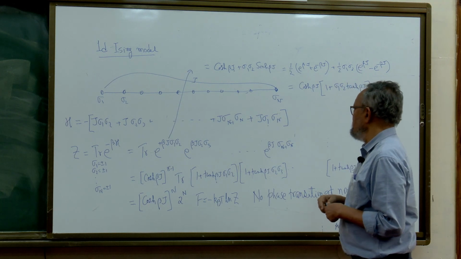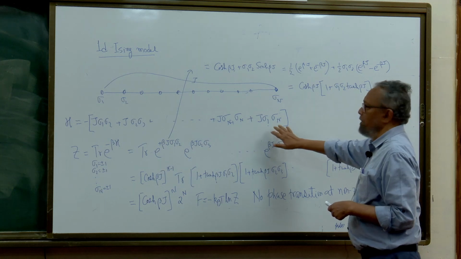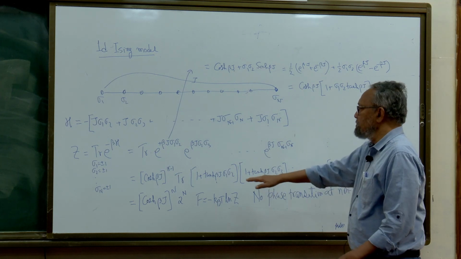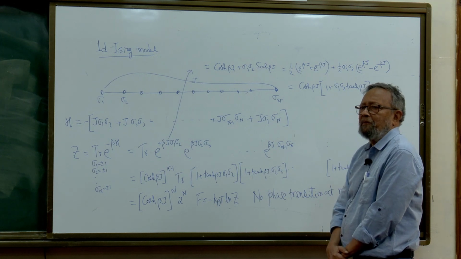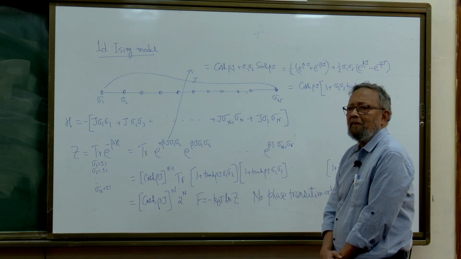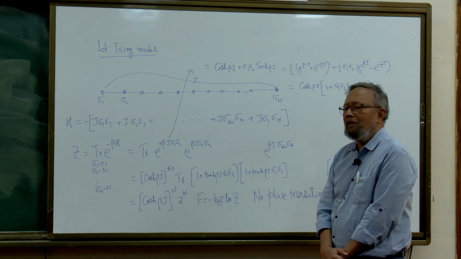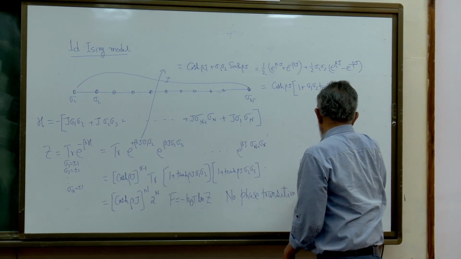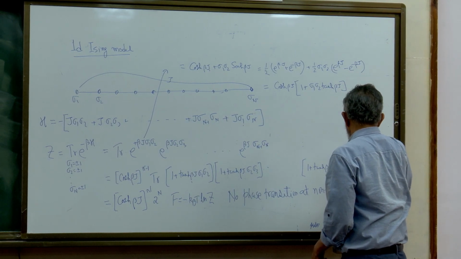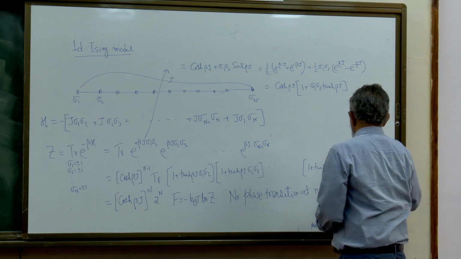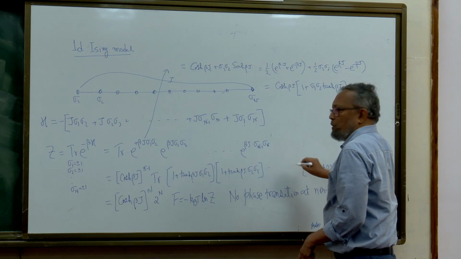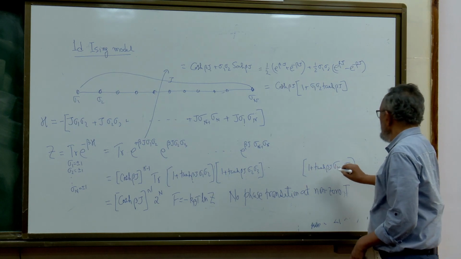Now, what difference does it make? If I now include this term, then how would this partition function change? There is eventually a term which is sigma n minus 1 sigma n, and then there is a sigma n sigma 1.